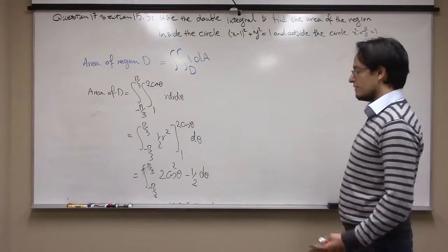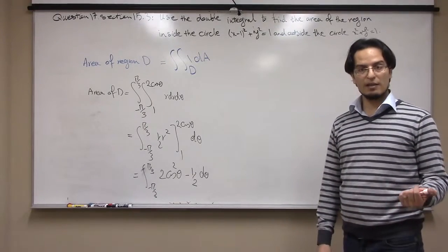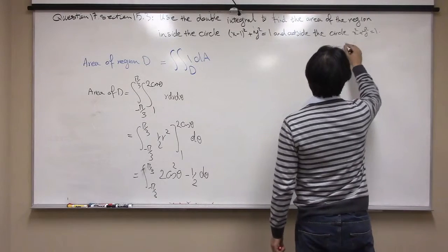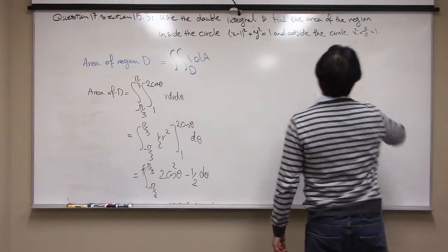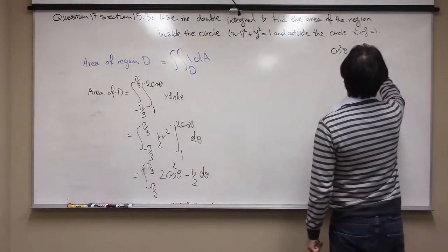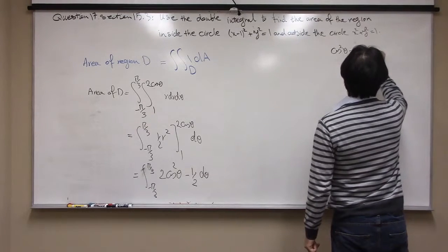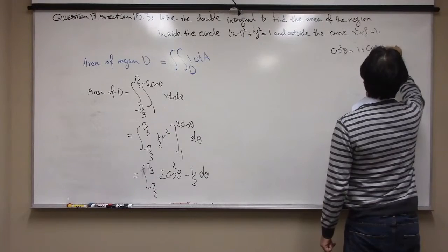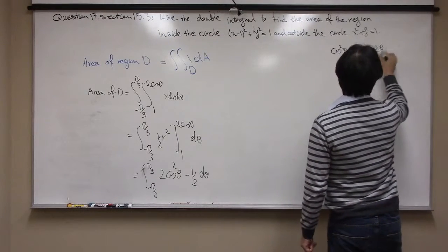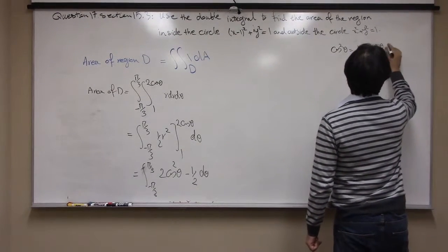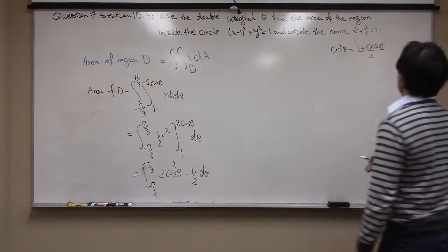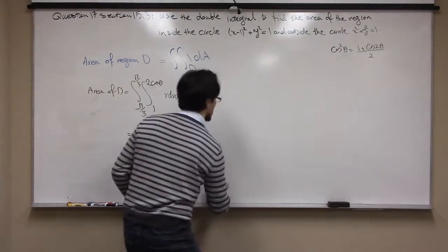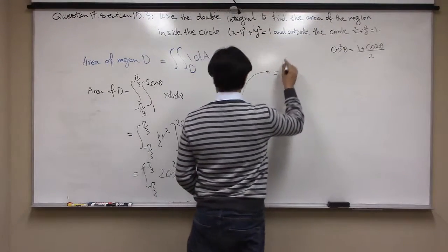So here I have to use a half angle formula. So cosine squared theta is going to be 1 plus cosine 2 theta over 2. Yes. So now I can plug that in.